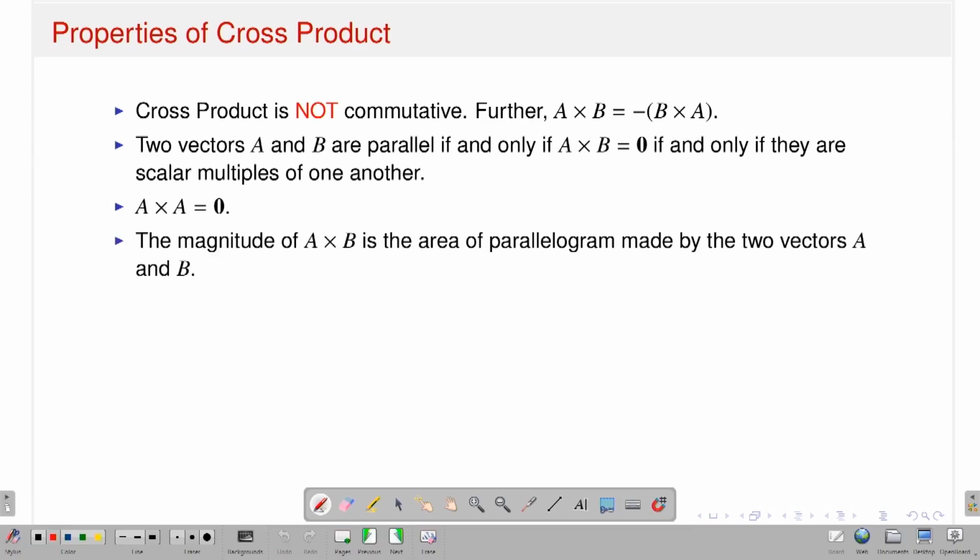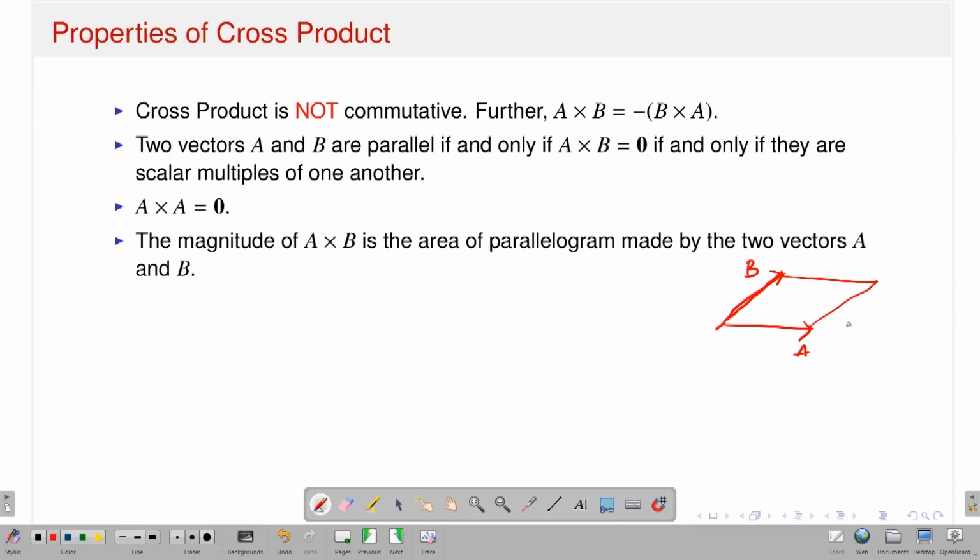The magnitude of A cross B is the area of the parallelogram made by two vectors A and B. So basically, these are the two vectors A and B. Then you make the parallelogram with the same thing.